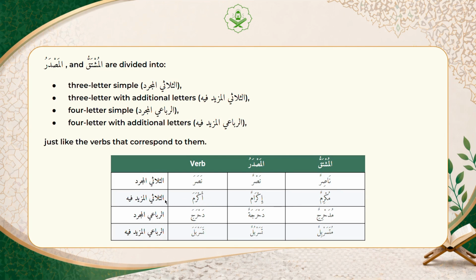Likewise أكرم is ثلاثي مزيد فيه, and we have مصدر إكرام and مشتق مكرم. Likewise for رباعي: دحرج, دحرجة, and مدحرج.